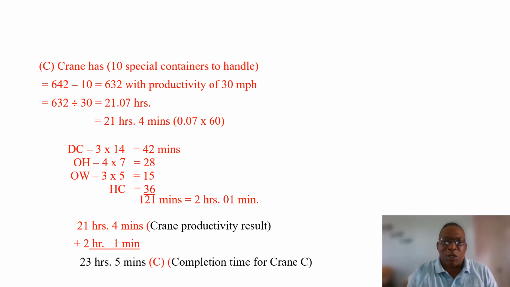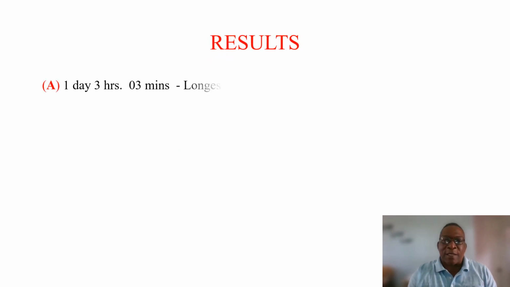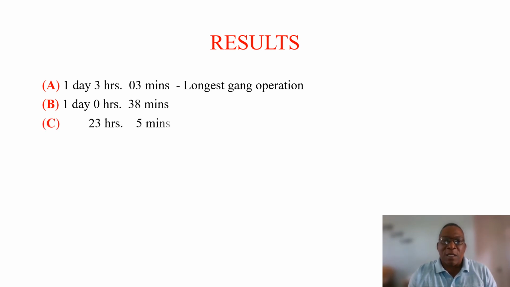That gives us a total of 23 hours and 5 minutes for the completion time for crane C. So now we have the time for crane A, crane B, and crane C. The result is A, 1 day, 3 hours, 3 minutes. B, 1 day and 38 minutes. C, 23 hours, 5 minutes.